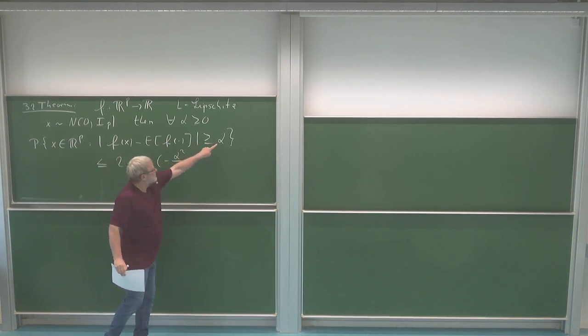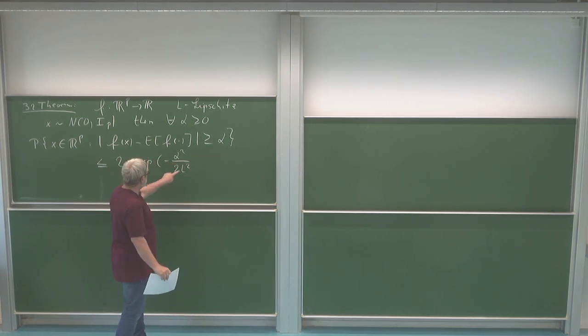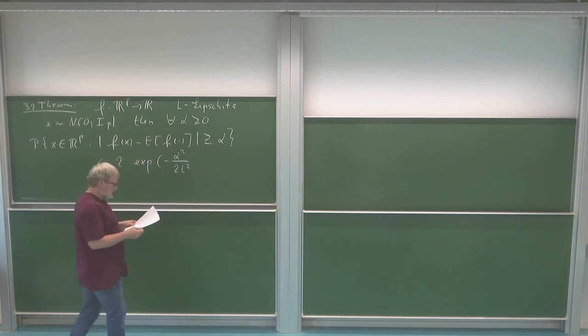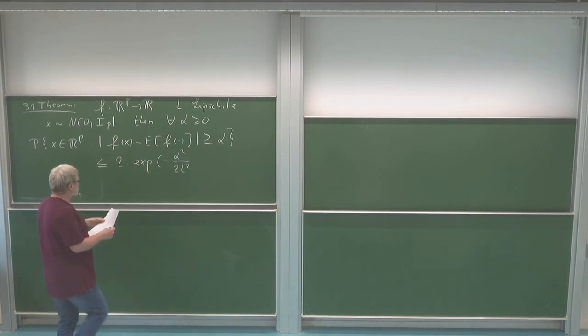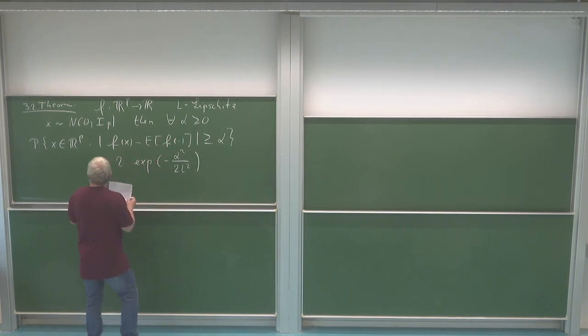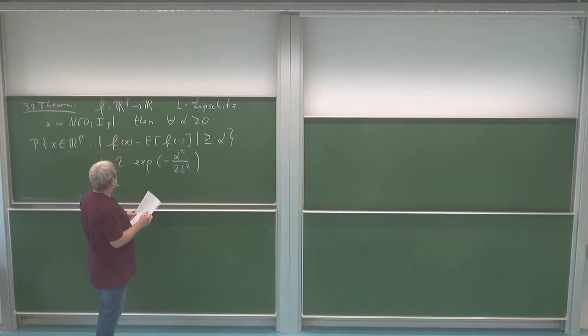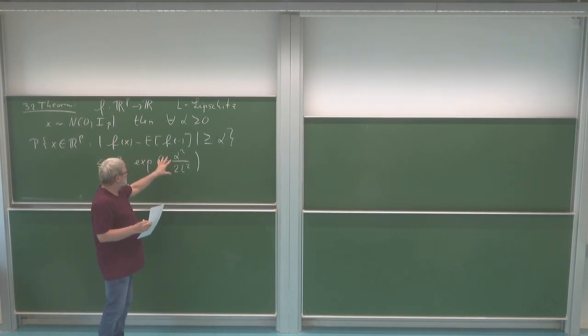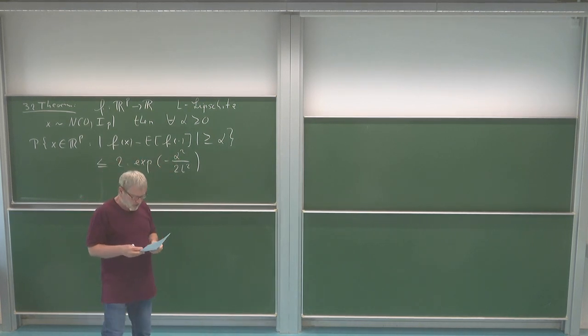So alpha is the deviation and L is the Lipschitz constant here. This is saying that the deviation has a kind of Gaussian behavior.